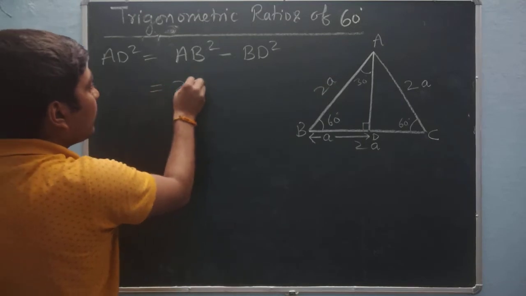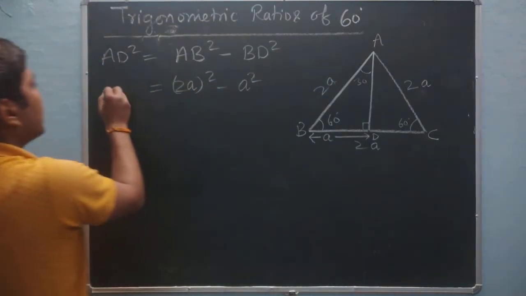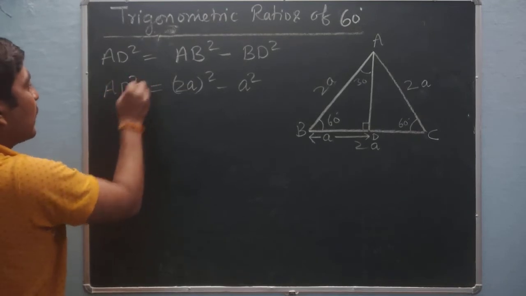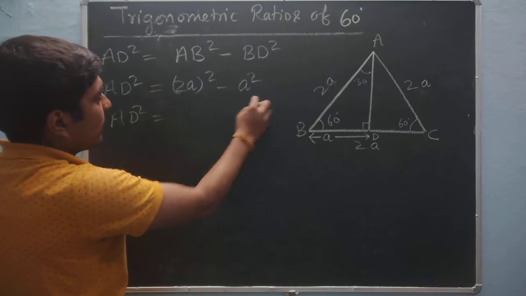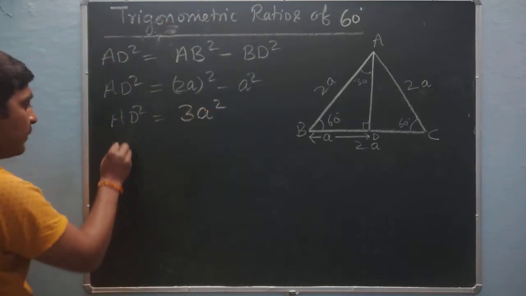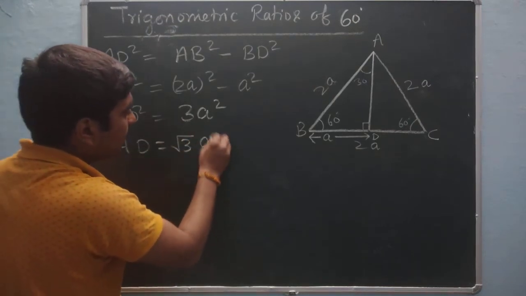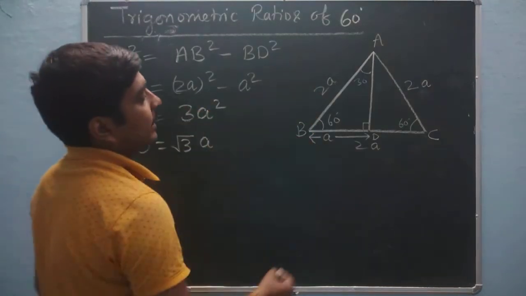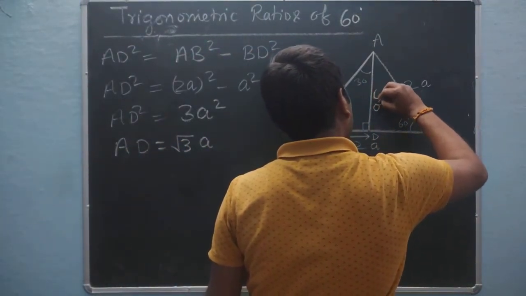So AD square will be (2a) square minus a square, that is 4a square minus a square, which is 3a square. So AD will become root 3 a, that is a root 3.